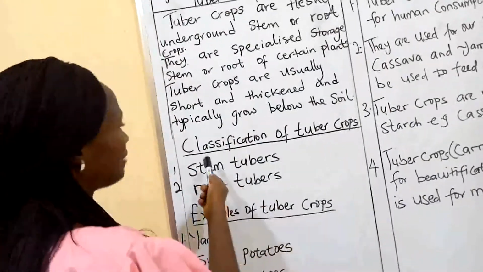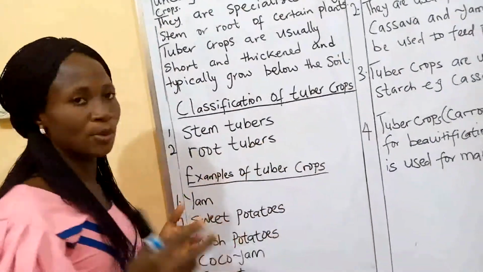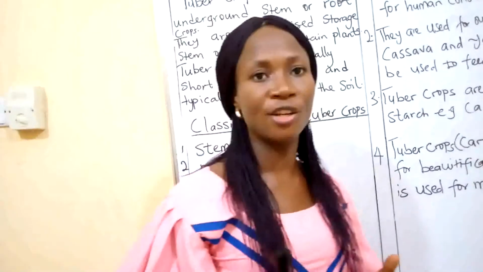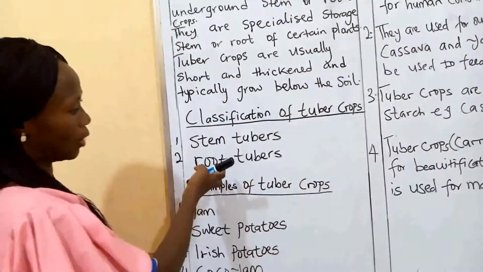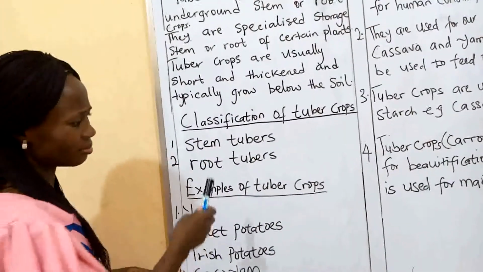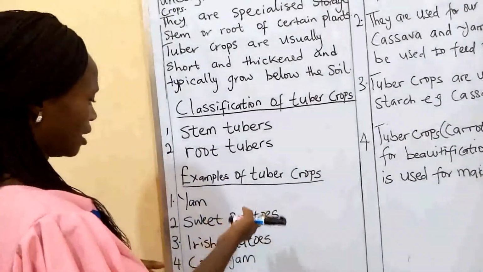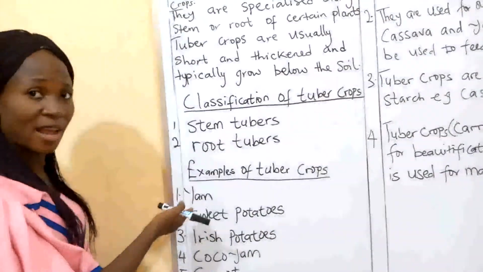Okay, here we have the classification of tuber crops. We classify tuber crops under the stem tubers and the root tubers. Then we moved into some of the examples of tuber crops. Number one, we have yam.